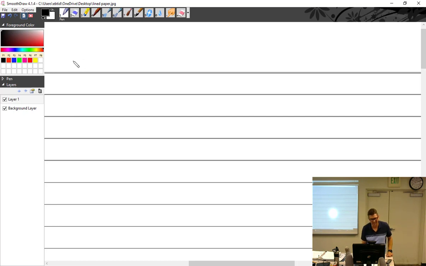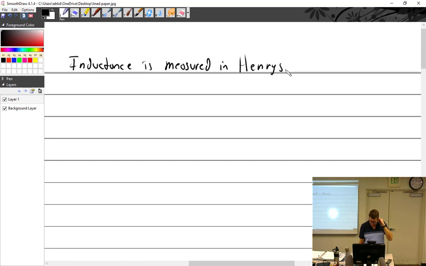Henrys. I don't know if measured is the right word, maybe expressed as or measured in Henrys. Named after Joseph Henry, partner to Michael Faraday, who gets the honor of capacitance, farads.